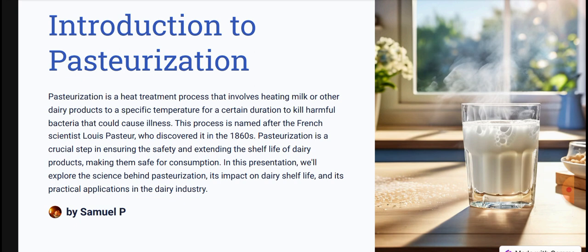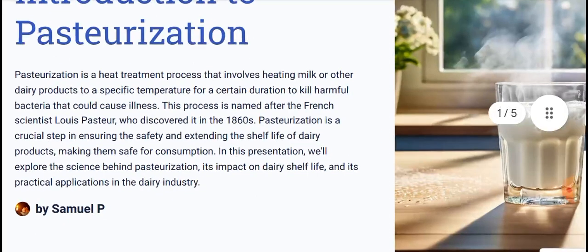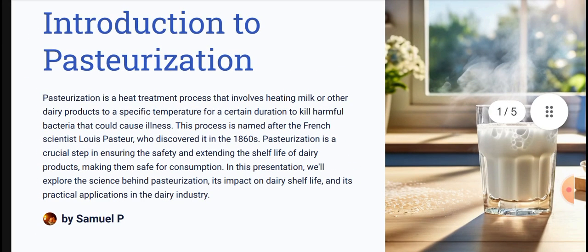Pasteurization is a heat treatment procedure which is adopted in the industries to preserve the dairy products, which means milk products, and the products which are derived from milk are preserved for a longer duration by using this technique called pasteurization.